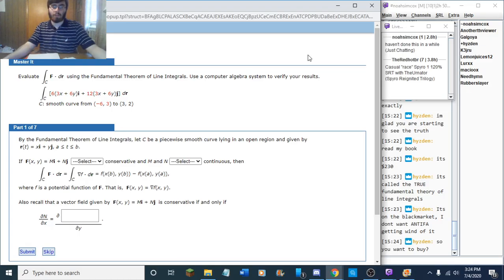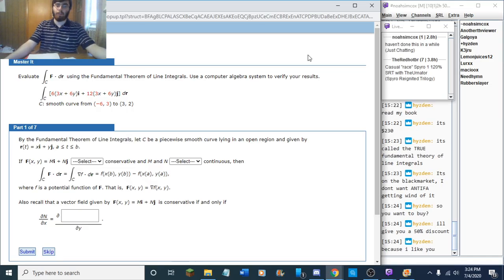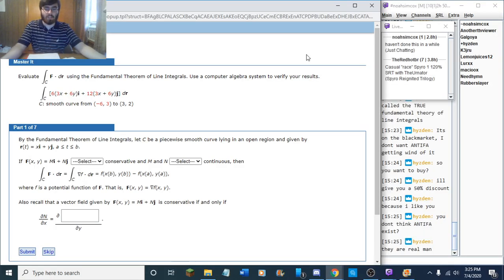So I'm not gonna keep entertaining this hypothetical situation. But if you are serious, I don't think you're serious. I really don't think you're serious. I'd say there's like a 90% chance that you're not. I know Antifa exists, but it doesn't exist in the way that you think it does, or the way you're describing.